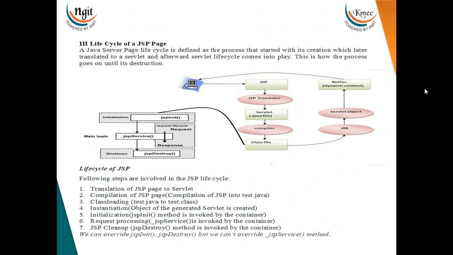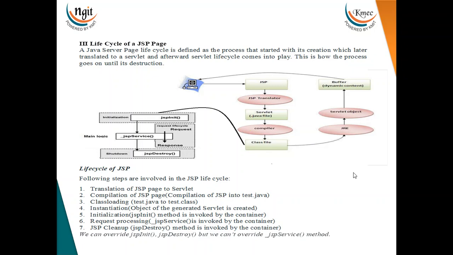Then the servlet's life cycle comes into the picture. Here is the life cycle. The following steps are involved in the JSP life cycle. First is translation of the JSP page to a servlet, then compilation of the JSP into test.java. Then class loading, test.java to test.class file.